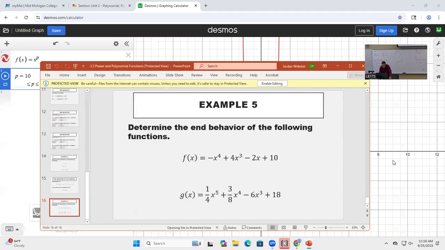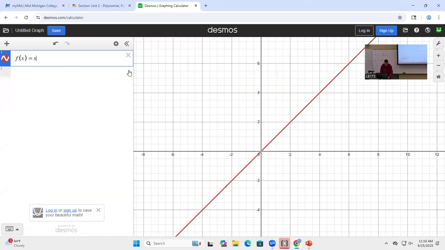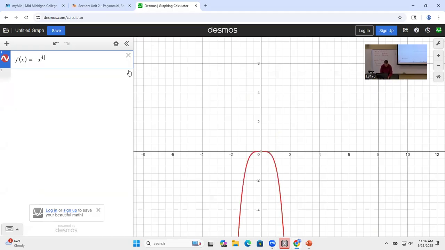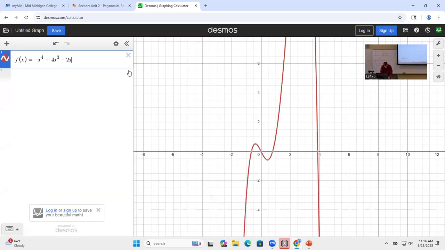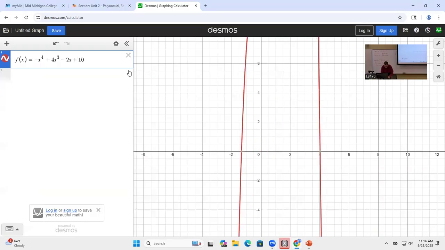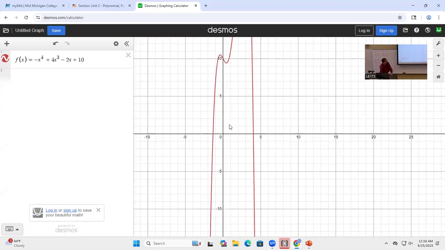Now, real quick, you can always confirm this by graphing. If you have good software, or graph on your calculator, you'll see that it does the right thing. So I've just graphed the f of x here.